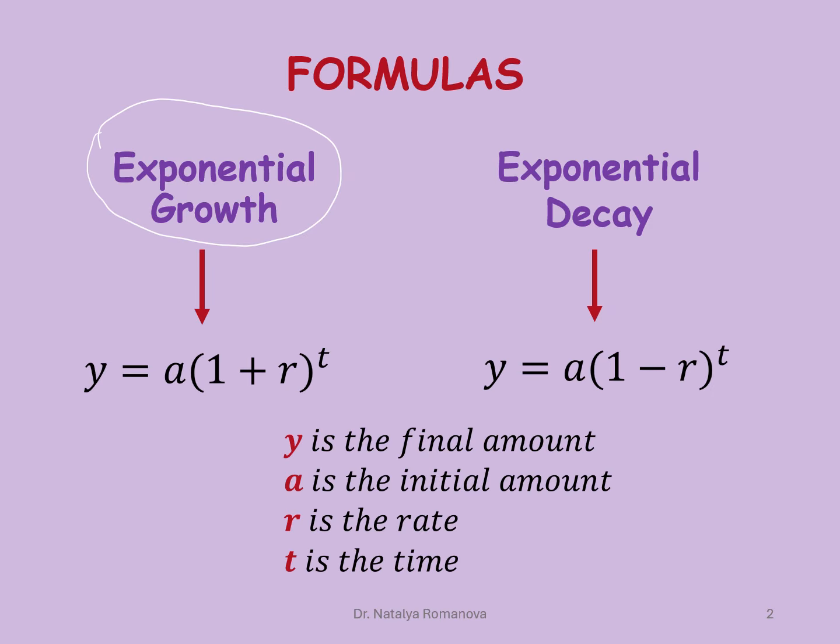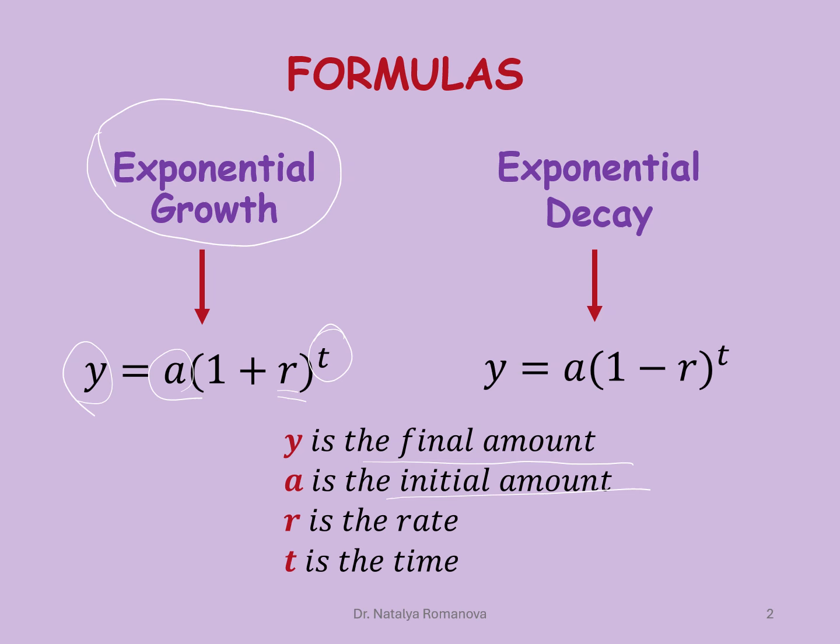Exponential growth formula: y equals a times (1 plus r) to the t, where y is the final amount, a is the initial amount, r is the rate, and t is time.